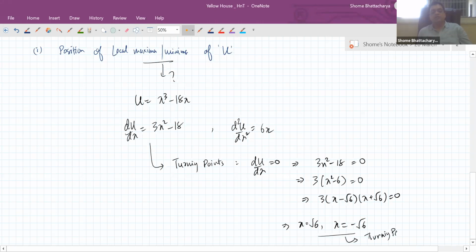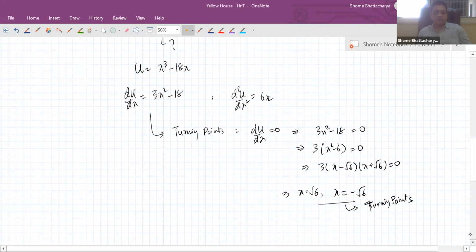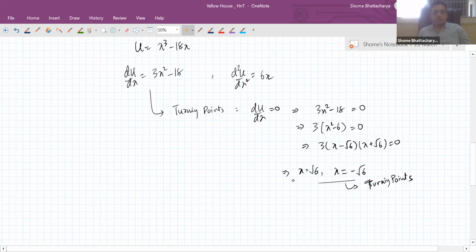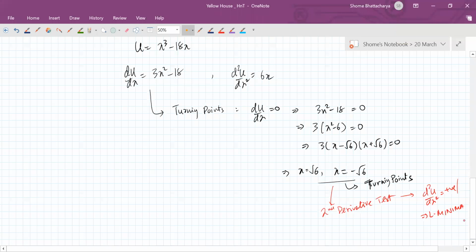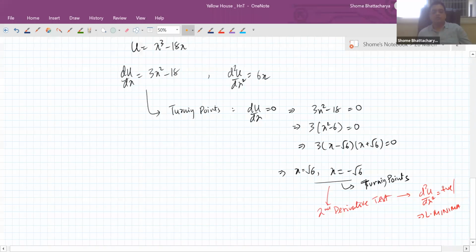Now to understand which turning point gives a local maxima and which a local minima, you have to do what is called the second derivative test. The test is that if d2U by dx square is positive, there is a local minima, and if negative, there is a local maximum.